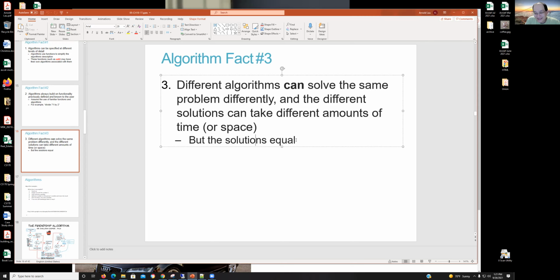You have to suspend your reality a little bit, but theoretically, I would have a different recipe. But if I'm trying to achieve a cake coming out as my output, that's what I want, right?